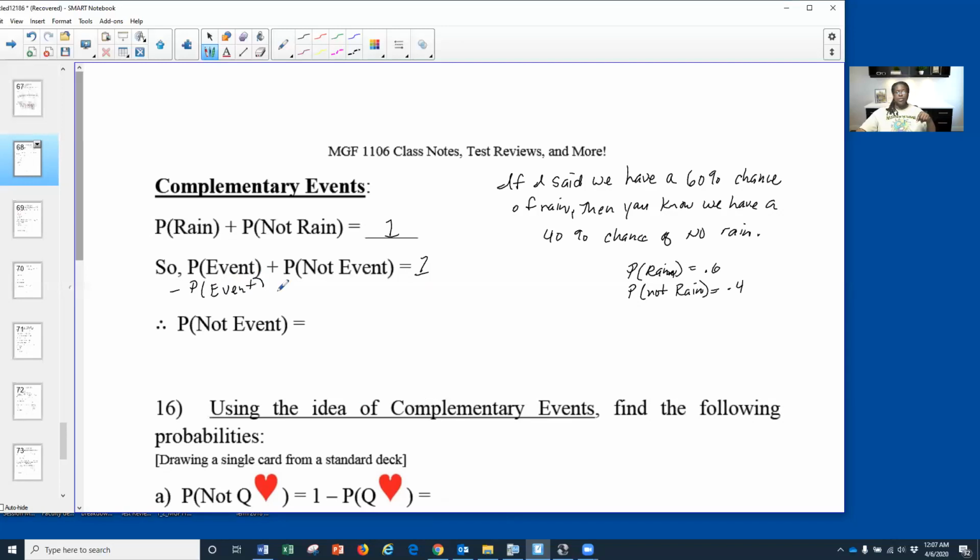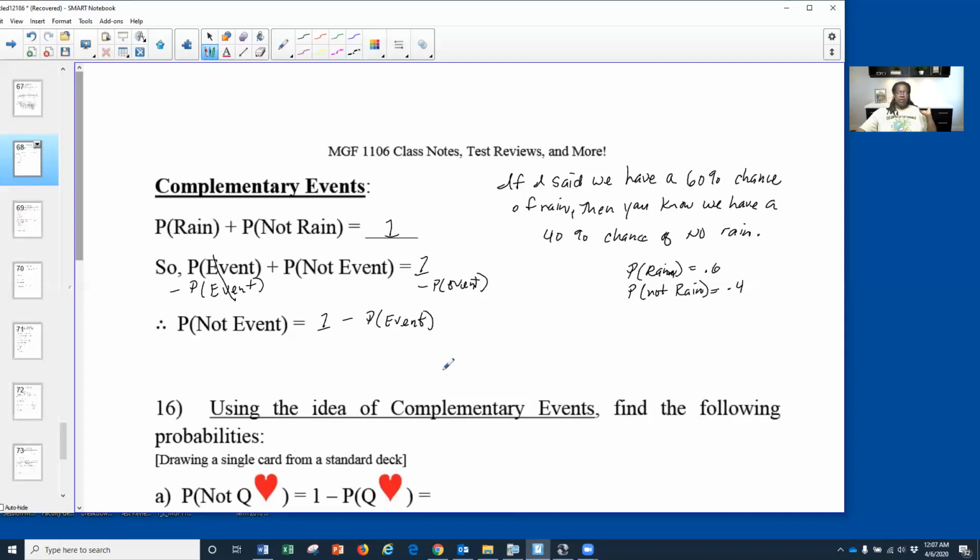I'm just simply going to move it over to this side of the equation. Okay, I just simply subtracted it over. It cancels from here. And it leaves me the probability of not the event happening equals 1 minus the probability of the event happening.